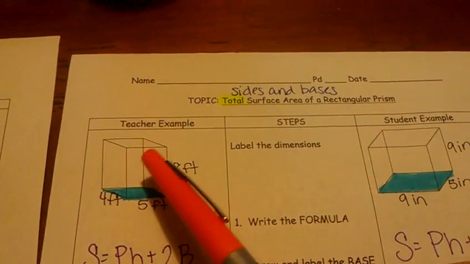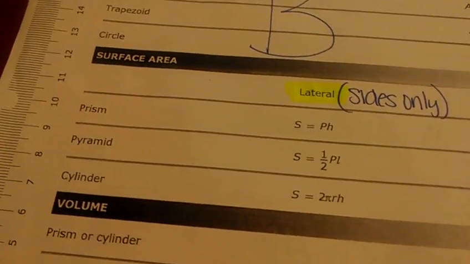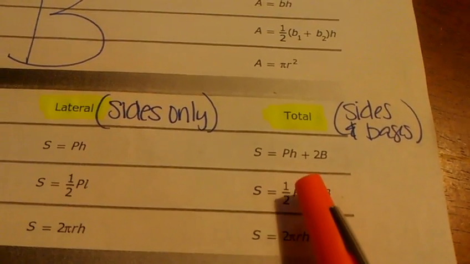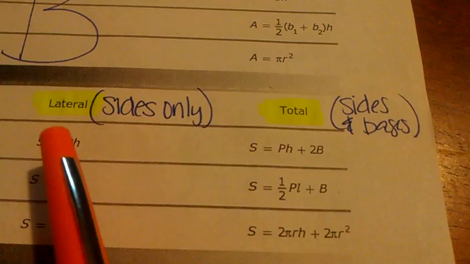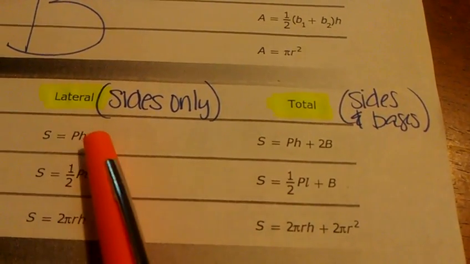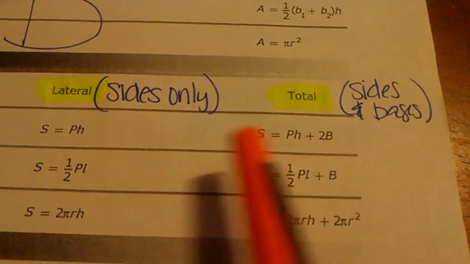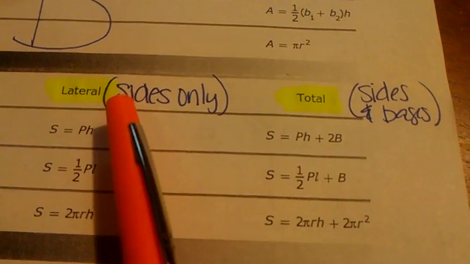So I've got my rectangular prism here. Step number 1, write your formula. Let's come over here to our formula chart. Surface area, prism. Here's the lateral, and here's the total. Take a minute to look at your total formula. What do you see in your total formula? Hopefully you see that your total surface area includes your lateral surface area, because we talked about it.